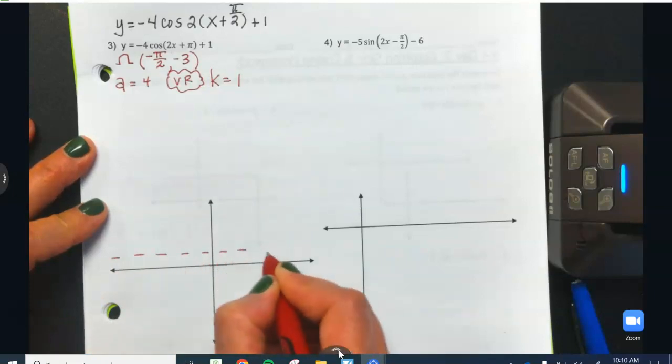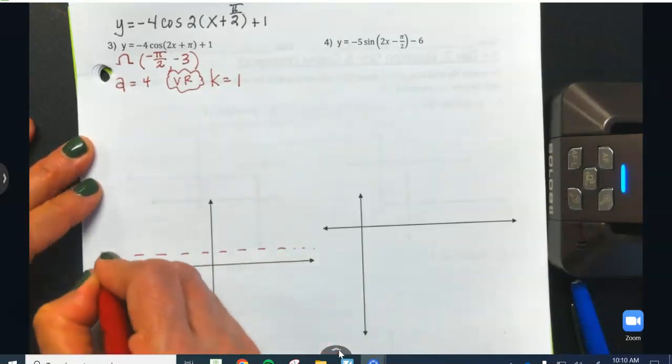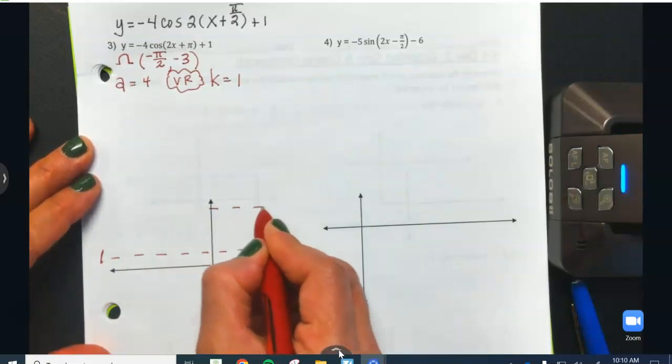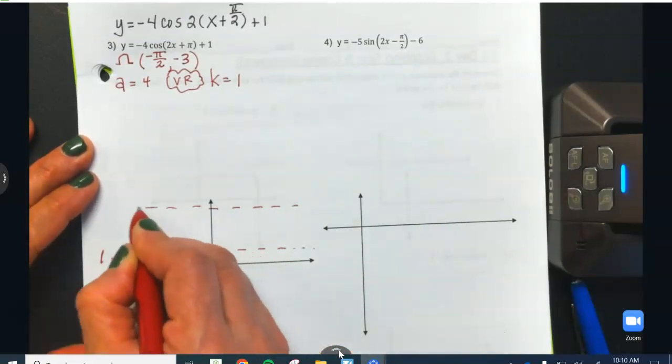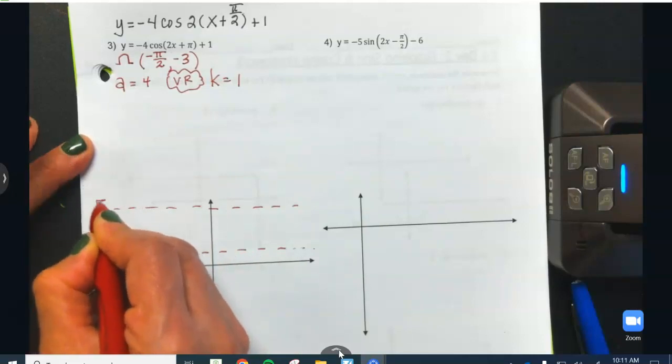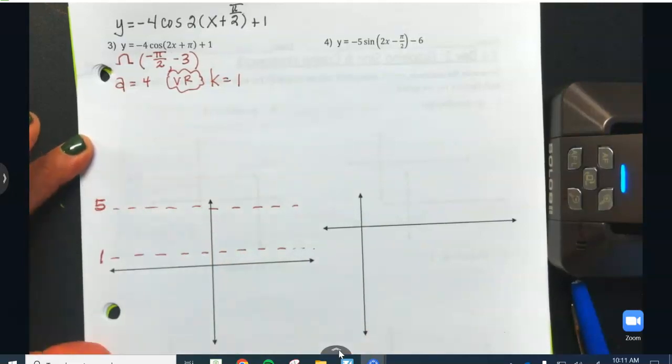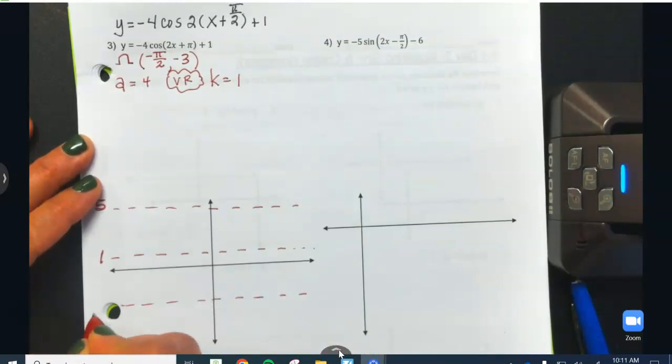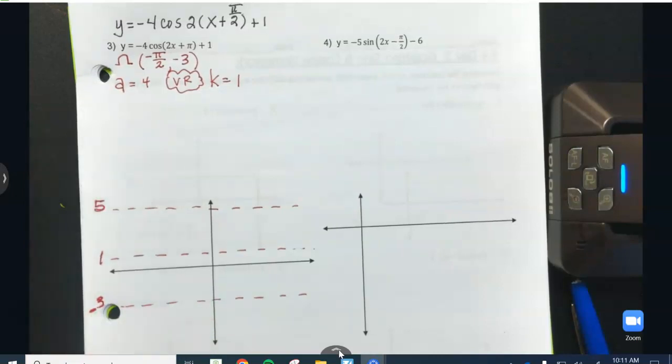I'm going to go ahead and draw the amplitude. That's positive 1. 1 plus 4 is 5. And then 1 minus 4 is, I'm sorry, 1 minus 4 is negative 3.